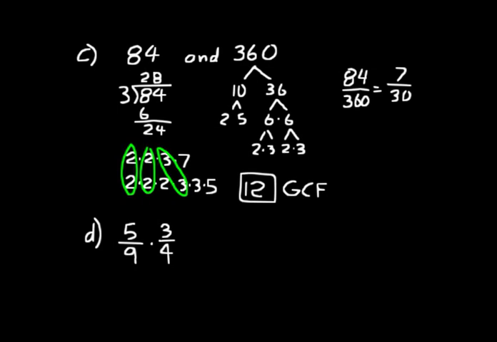Now let's do some arithmetic operations where we need to reduce before we do our multiplication. Now think of something that we learned way back at the beginning about the associative property, and think about what we do when we multiply fractions. We multiply the numerators together and we multiply the denominators together.